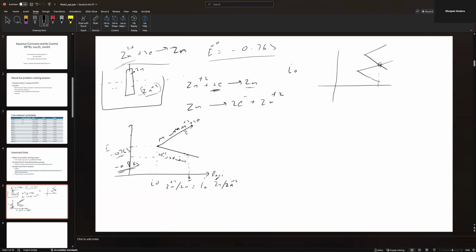So for more things, the slope of this line is actually the Tafel equation. We usually write this as overpotential, eta, against the log of current density, log I, and this is the E naught.